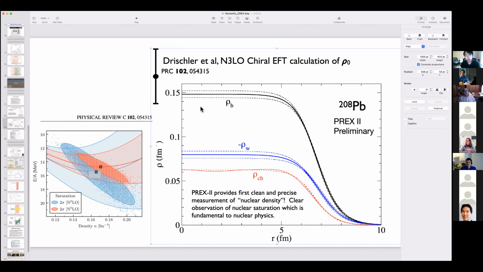But of course, we know that this finite nuclear structure effect can probably be taken out of the calculation with the help of something like ab initio chiral effective field theory, because we know that some ab initio calculations already agree with the measurement of CREX.